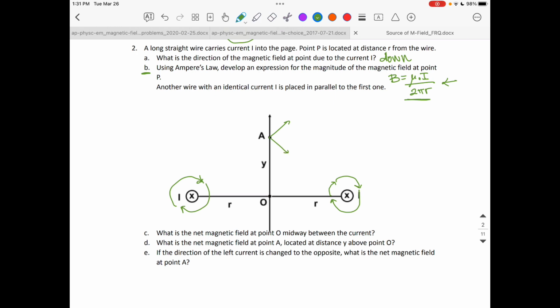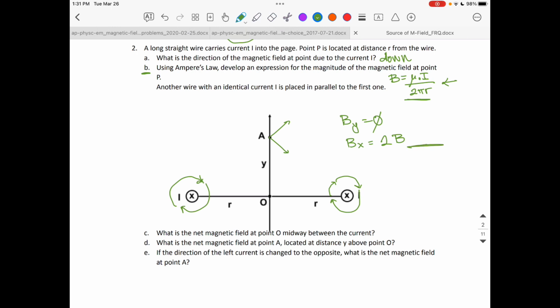Now, to avoid drawing too many circles, we can see here that the magnetic field in the y direction is going to equal 0. They have the same current, they have the same distance from A, so they're going to be opposite of each other. So the y components cancel out, but the x components are going to add together. So we're going to get double the magnetic field, and we're going to figure out what component that is.